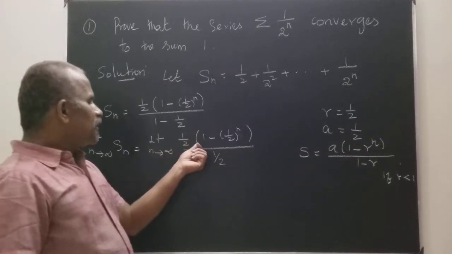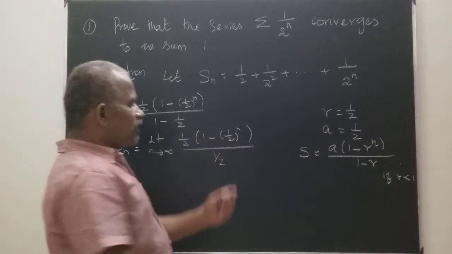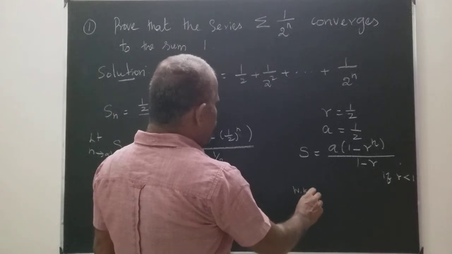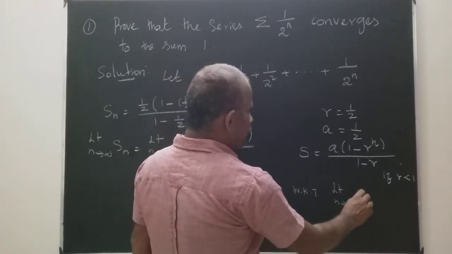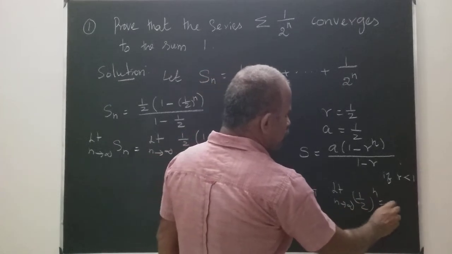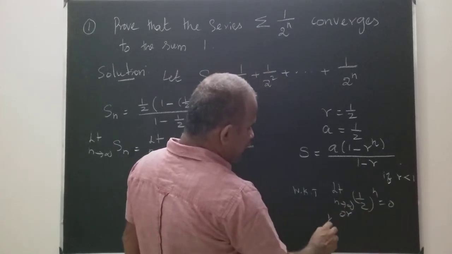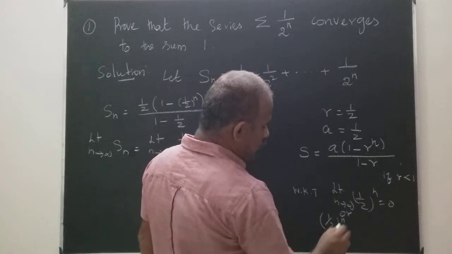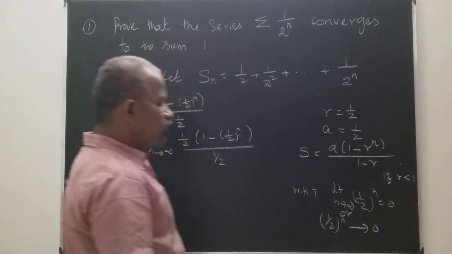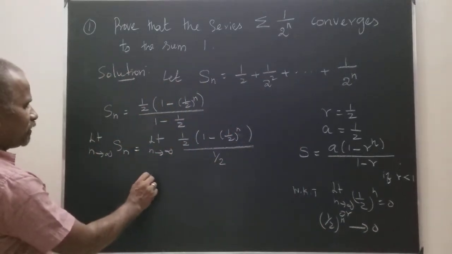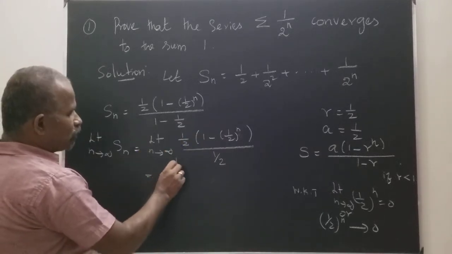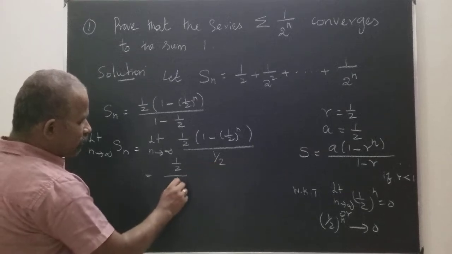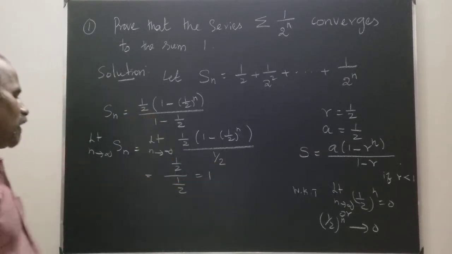Applying the limit, we know that limit n tends to infinity 1 by 2 the whole power n is equal to 0. Otherwise we can say that the sequence 1 by 2 the whole power n converges to 0. So applying the limit, this becomes 0. The limit of 1 by 2 remains 1 by 2, divided by 1 by 2. Therefore this is equal to 1.